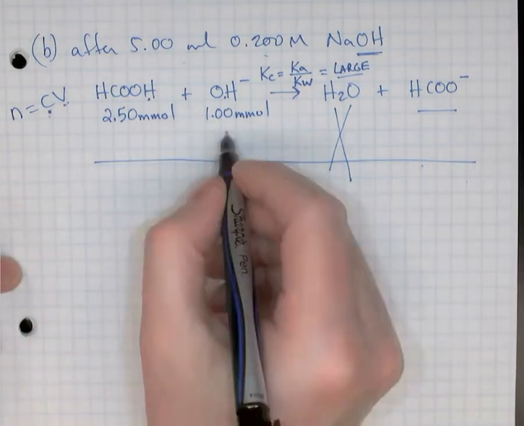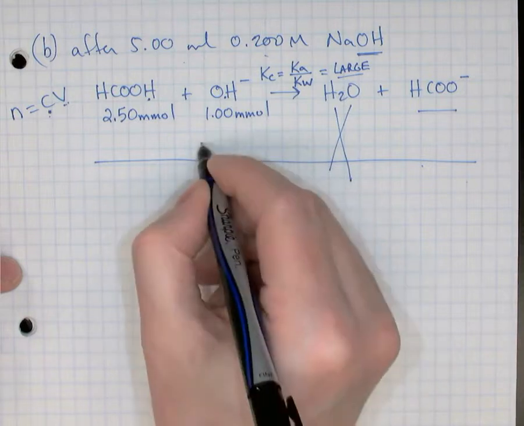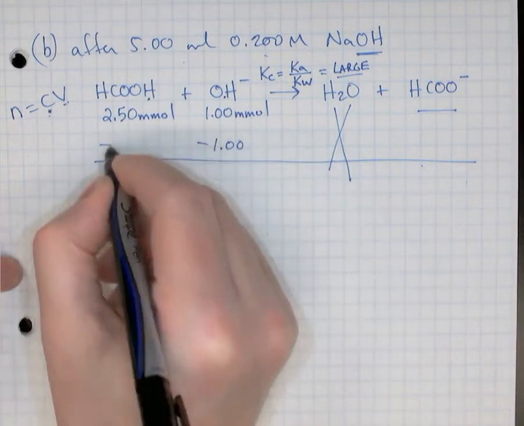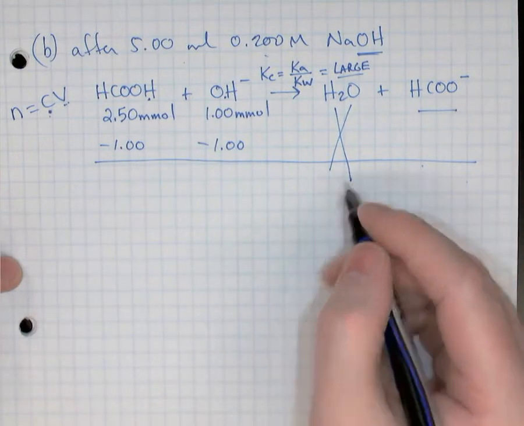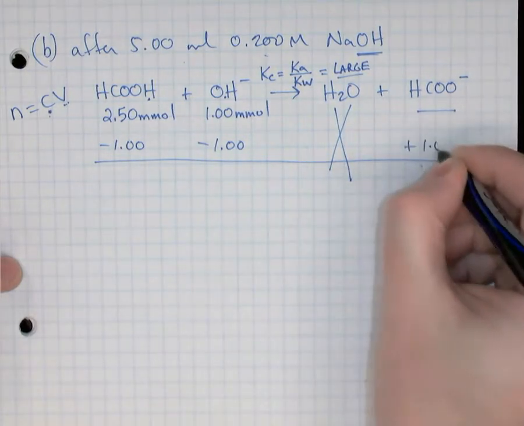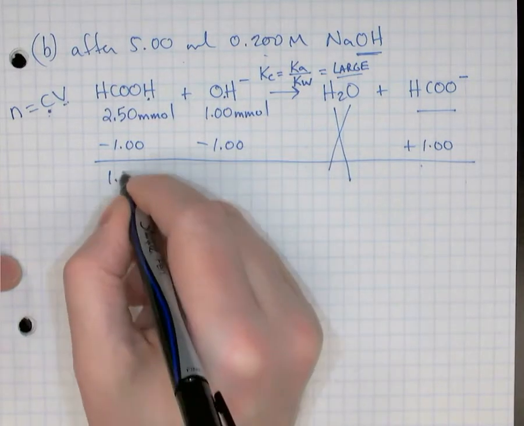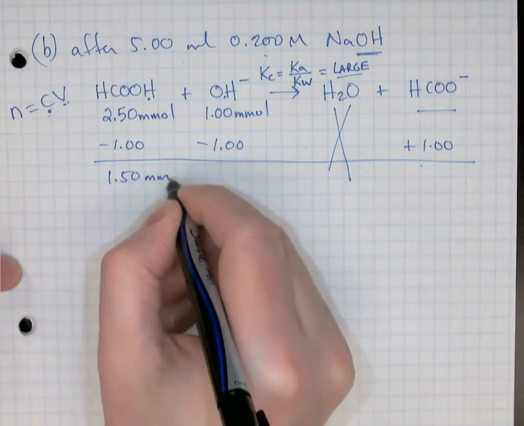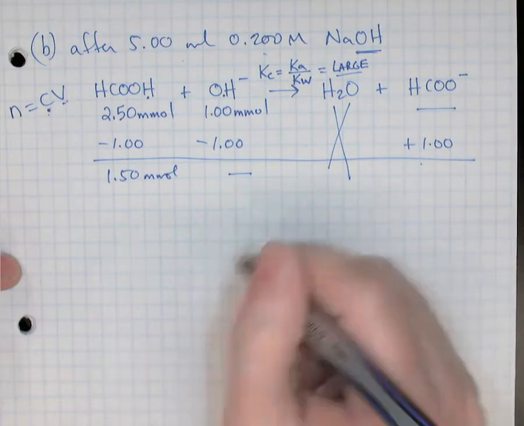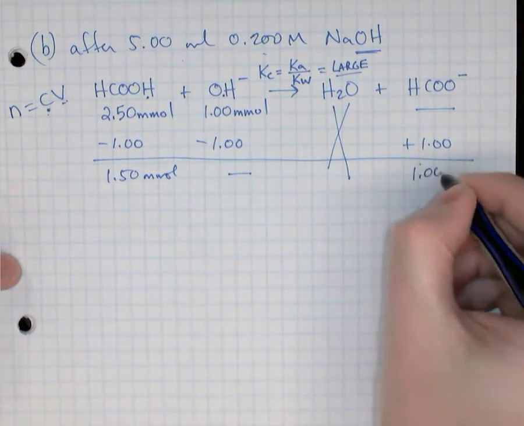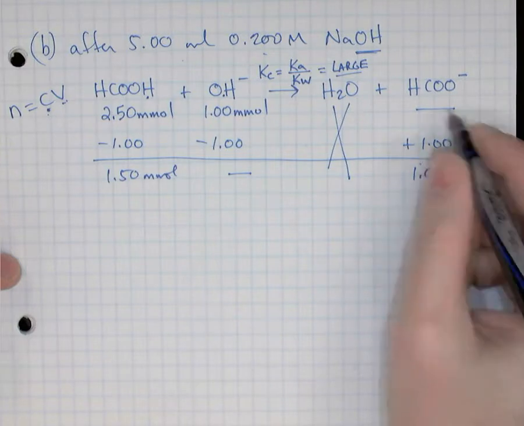That means one of these two things will be used up completely. So -1, -1, the smaller number in a 1-to-1 ratio is the limiting reagent, and +1. So we have 1.50 millimoles of formic acid left. The hydroxide was completely used up, and now we have 1 millimole of formate.